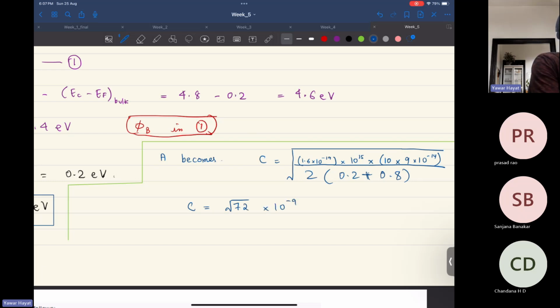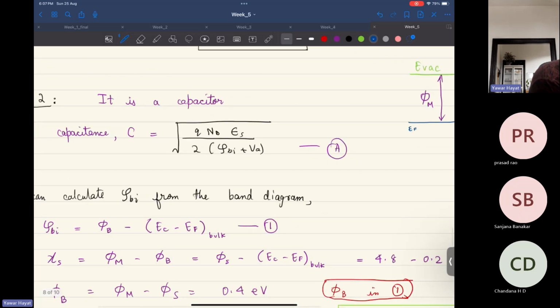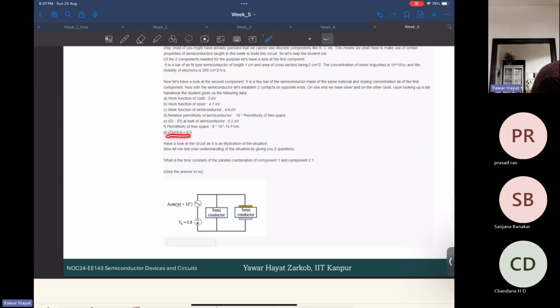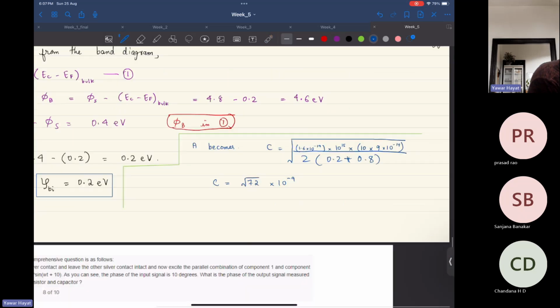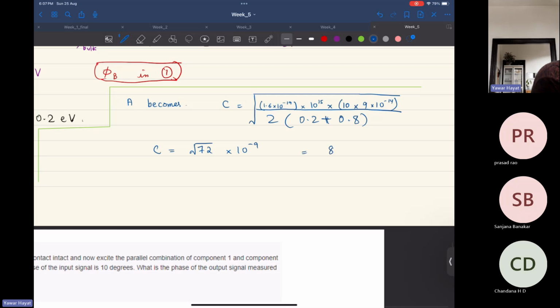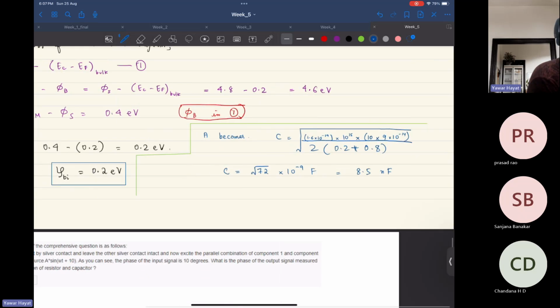And it's given in the question that we can take the square root of 72 as 8.5. I'll write that this is equal to 8.5. Let me say this is nanofarads, right? So we are done with C as well.